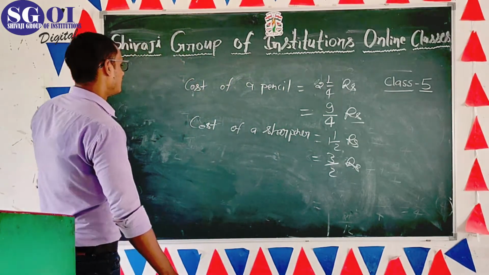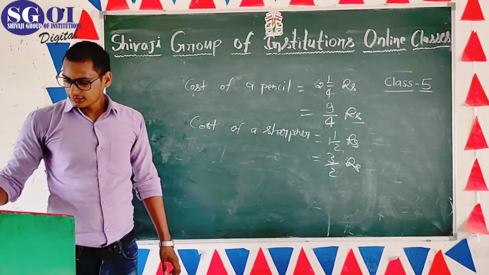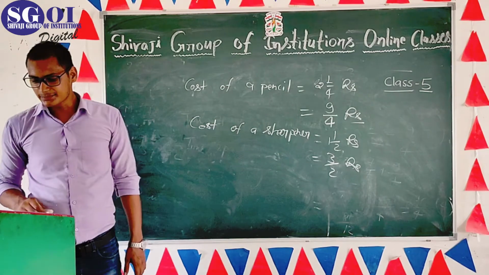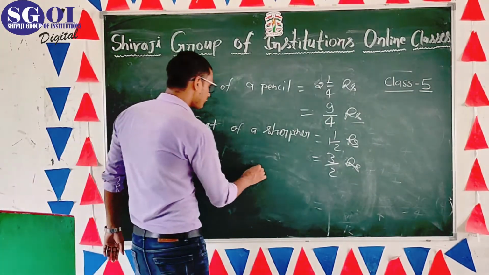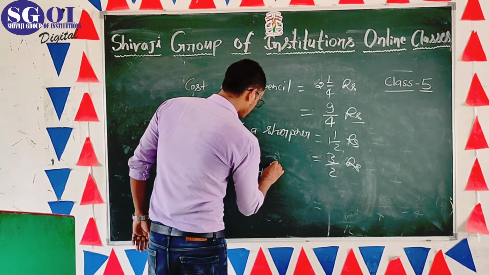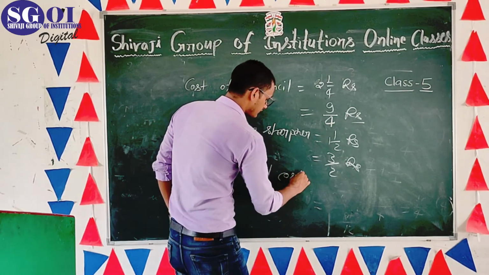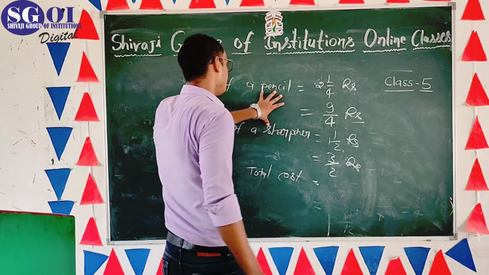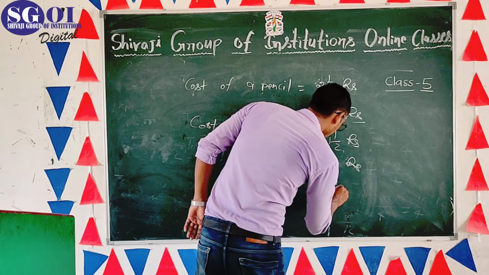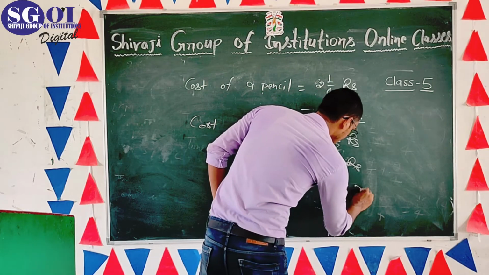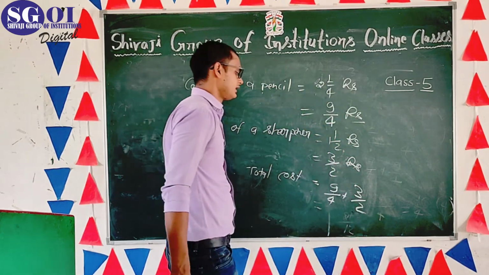Now we have to find how much money he spent on both these items. So we have to find total cost. Total cost is equal to cost of a pencil plus cost of a sharpener: 9 upon 4 plus 3 upon 2.